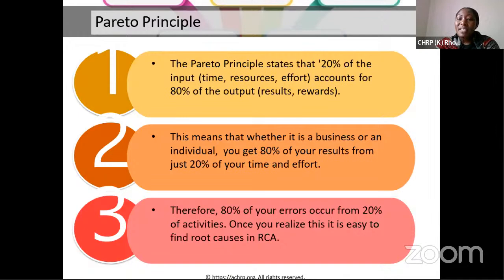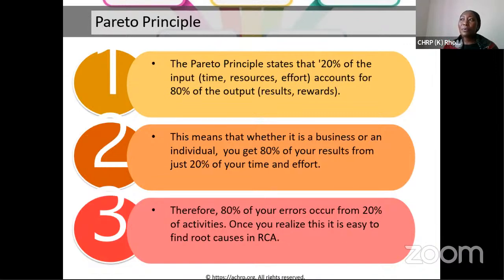This means that whether it is a business or an individual, you get 80% of your results from just 20% of your time and effort. You can do so much, but when you're able to align yourself to the very few priority areas, it is likely to yield a lot of results. What I like about the Pareto analysis is that it is also not giving 100% of the solution.